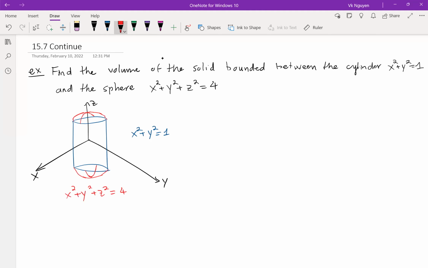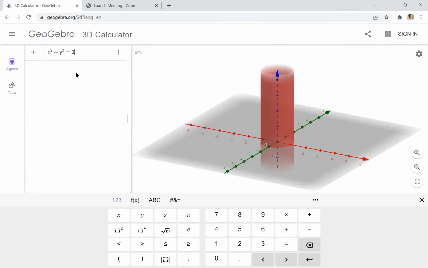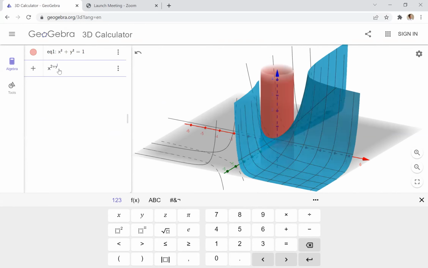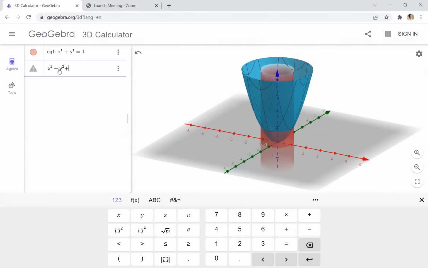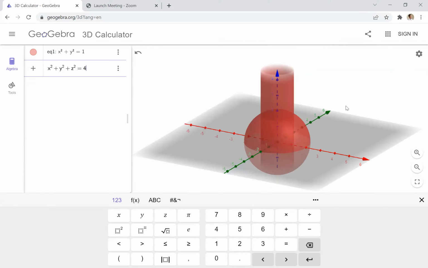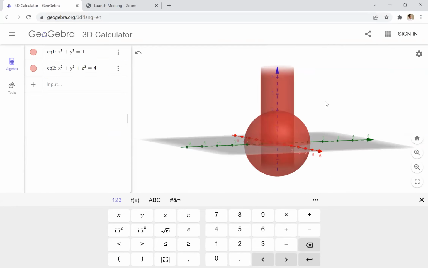Don't know if GeoGebra can sketch this type of cylinder now, but let's see. Yeah, it does sketch a cylinder here. Yep, everybody can see, right?